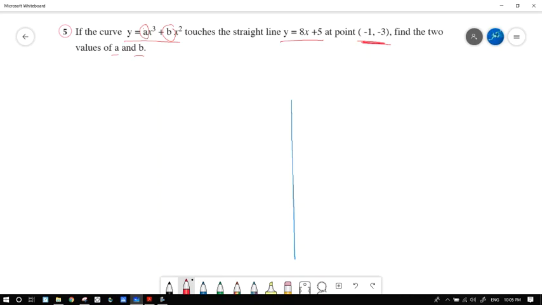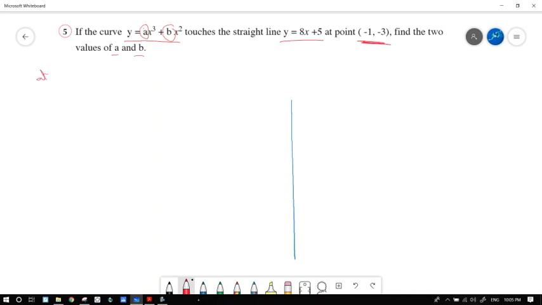Okay, let's start. First, since this point belongs to the equation of the curve and the equation of the tangent, I can substitute x and y in this equation and also in this equation. So let's start with the equation of the curve.